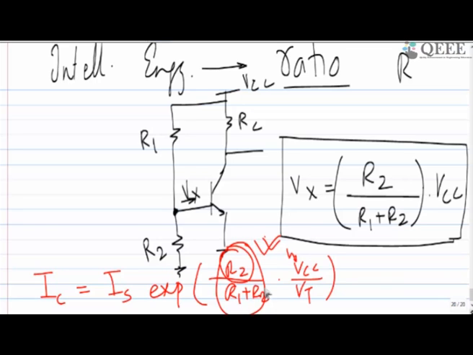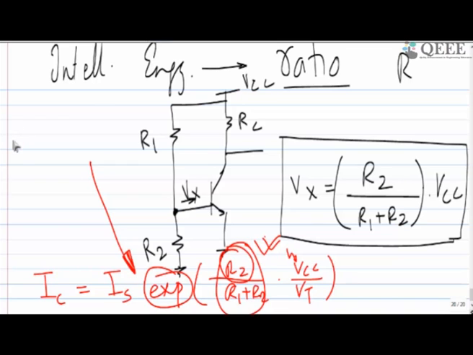So the next part is the exponential. Look at this. Your collector current and this whole ratio have an exponential relation. This is not a good thing. Your control is very loose. If you change a little bit of R1 and R2, your collector current increases exponentially. We don't like it.